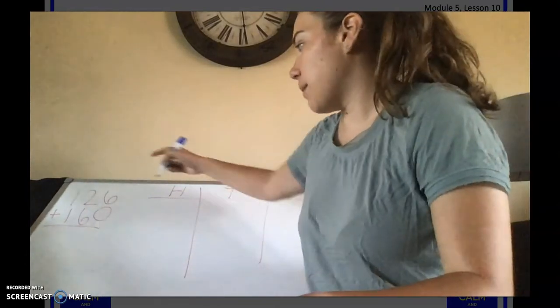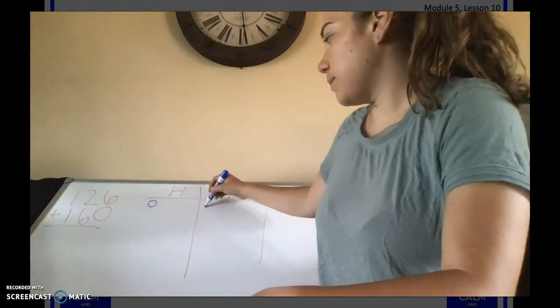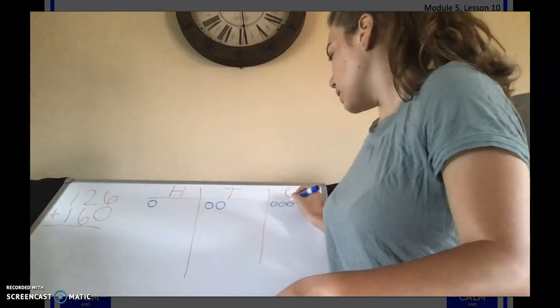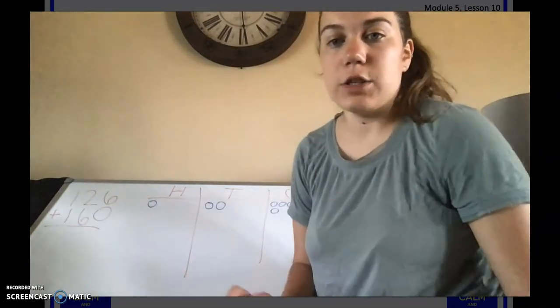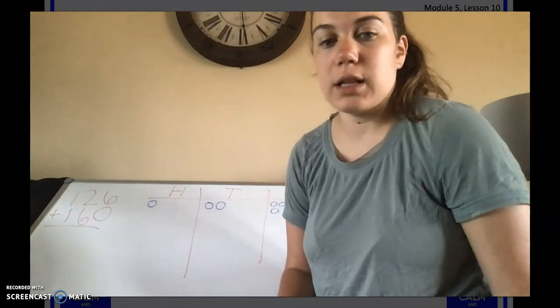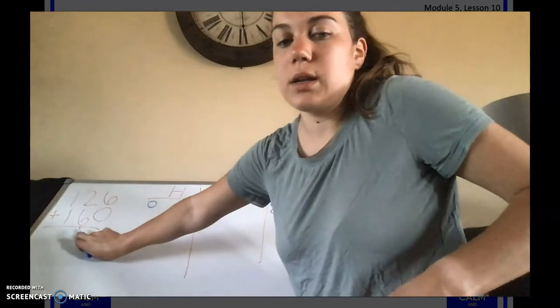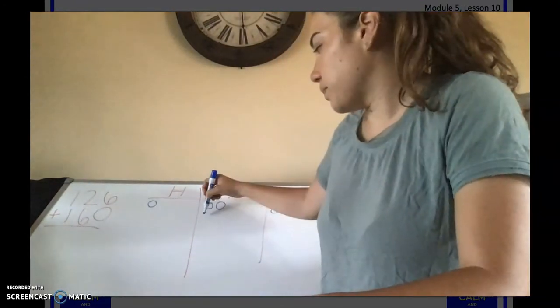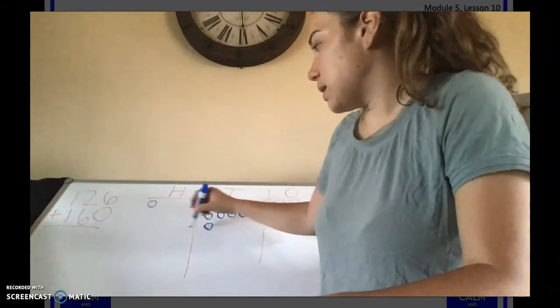So I'm going to first start at my 126 and put that on my board. There's 1 hundred, 2 tens, and 6 ones. Now I've got to add 160. Remember, you always start in the ones column, but there's nothing in the ones column, so then we're going to start by adding in the tens column. So we're going to add 6. 1, 2, 3, 4, 5, 6.